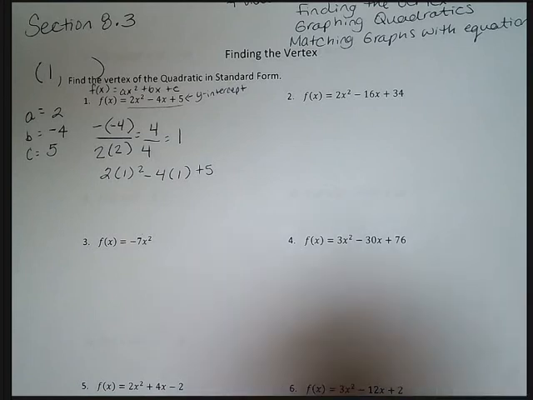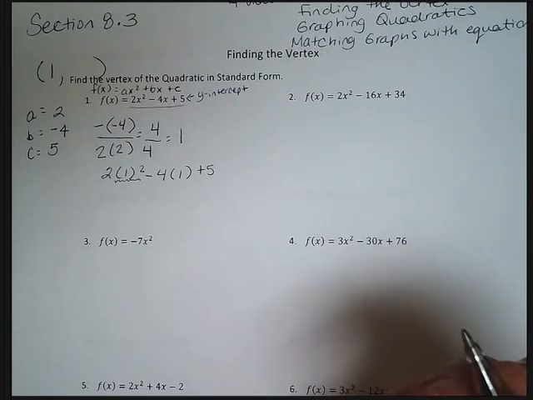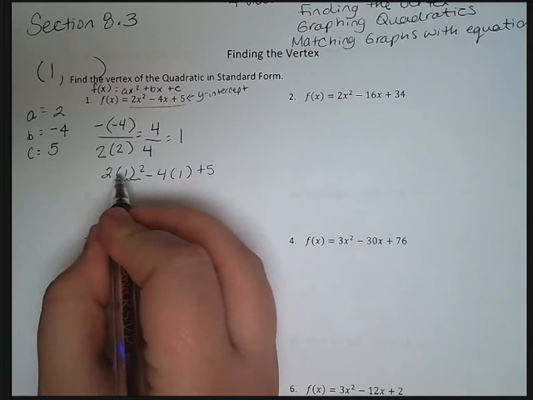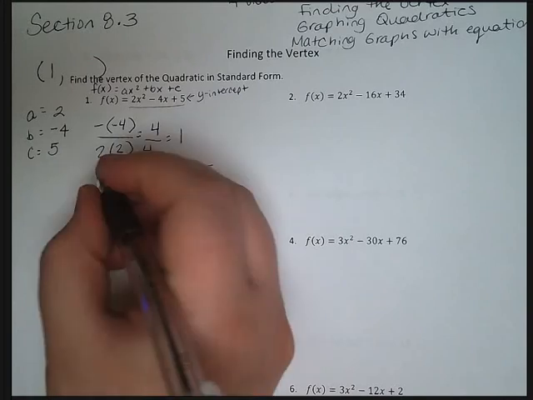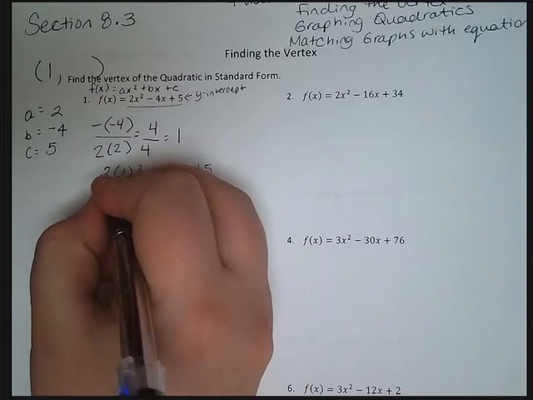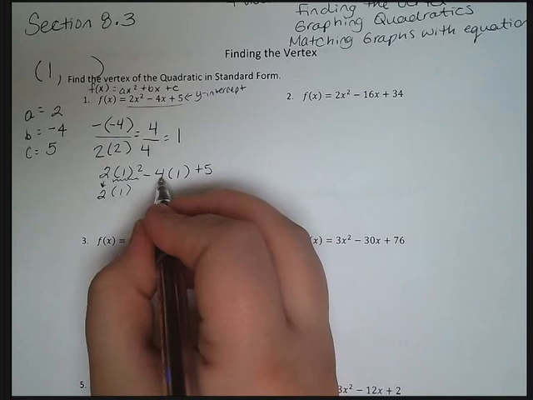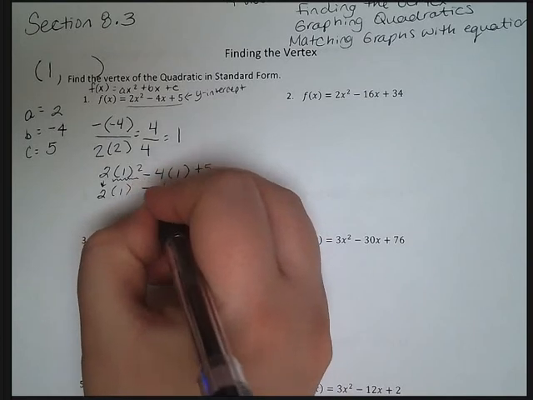Alright, so remember your order of operations tells you that you have to evaluate these exponents first before you can multiply here. So we have to do 1 squared first, which is going to give us 1. Negative 4 times 1 is negative 4.